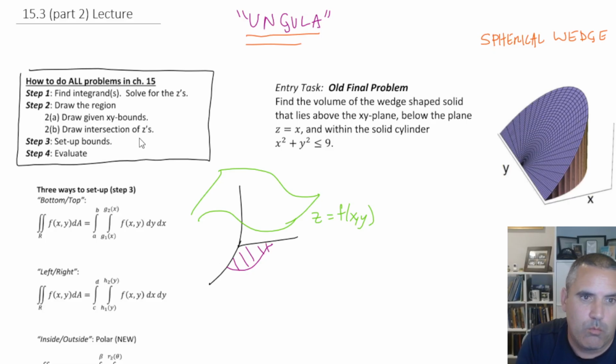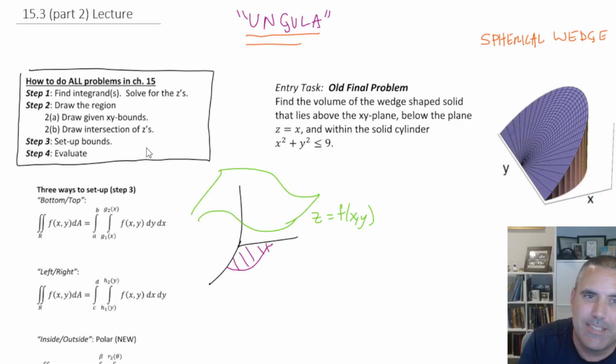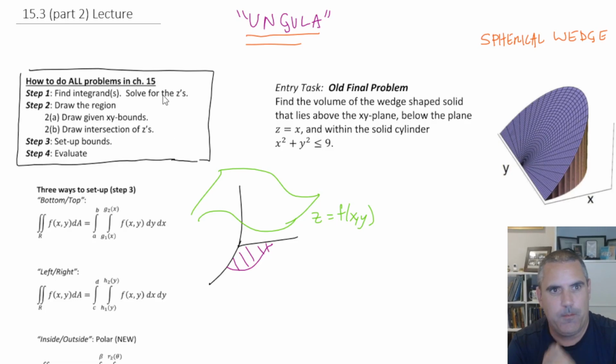So I feel like chapter 15 is about learning to measure, like if you wanted to know the average temperature over a region, or you wanted to study the flux across a region, those are things where you would need to describe a region. So that's really what we're practicing, those skills. Volume is just a convenient place to practice it.